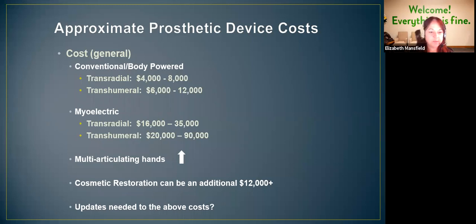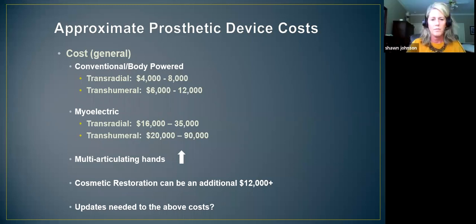Hello. Okay, so this slide is just, again, going over generalized costs. If there are updates, please message me and I will update my slide. But generally speaking, your body powered are going to be way less expensive than your myoelectric.